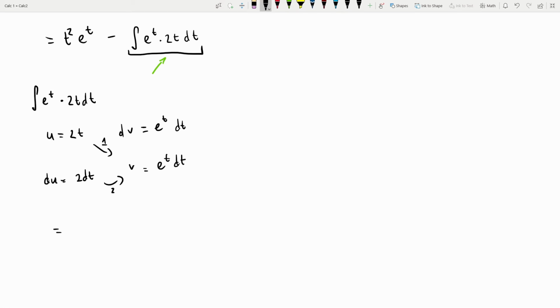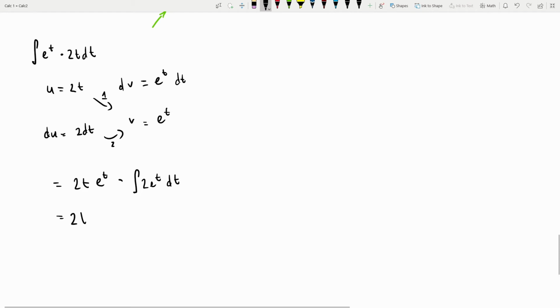So this integral equals 2t e to the t, minus the integral of step number 2, which is 2e to the t dt. Now if we simplify a little more, we can bring this 2 outside of the integral, and we're just left with e to the t dt. And now we know how to solve this integral.